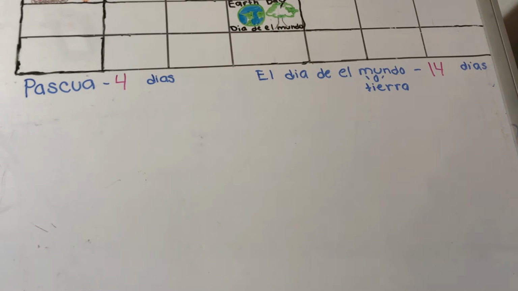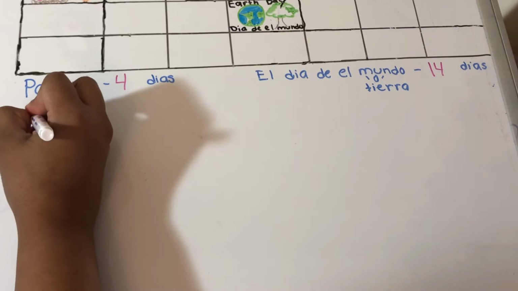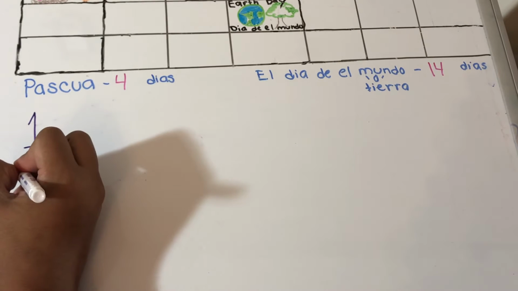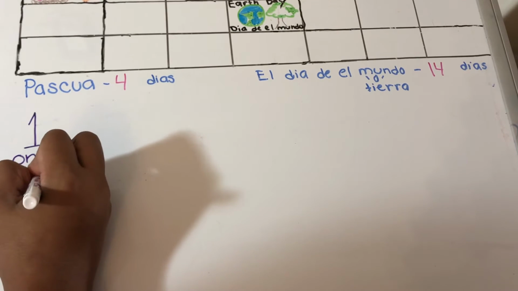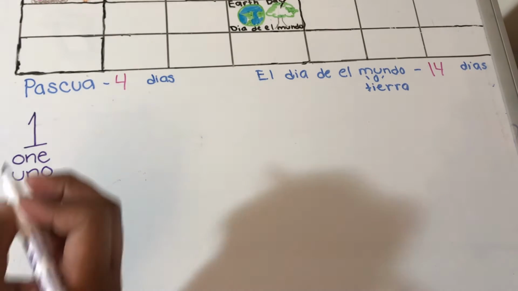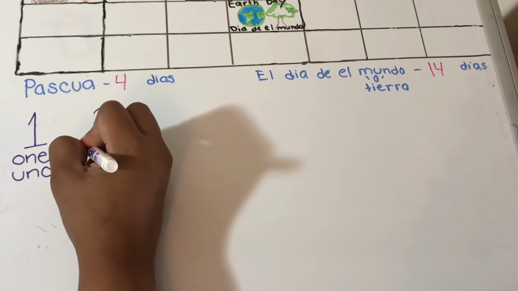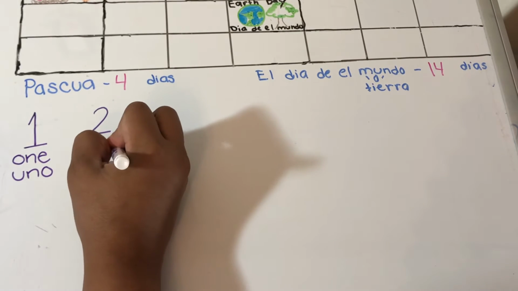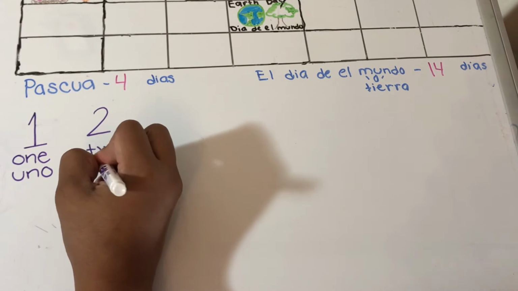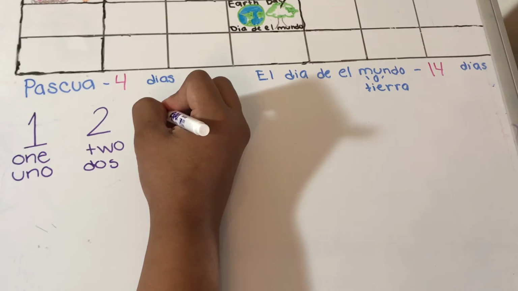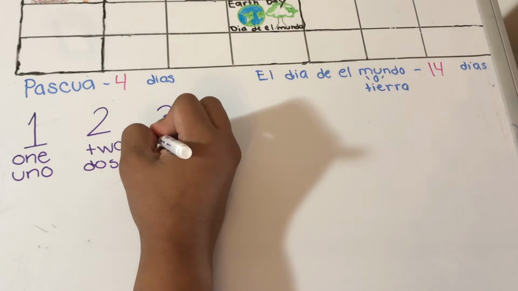Okay, I have the number 1. And how do you say 1 in Spanish? Uno. 2. How do you say 2 in Spanish? Dos. What goes next, guys? 3, you're right. How do you say 3 in Spanish?